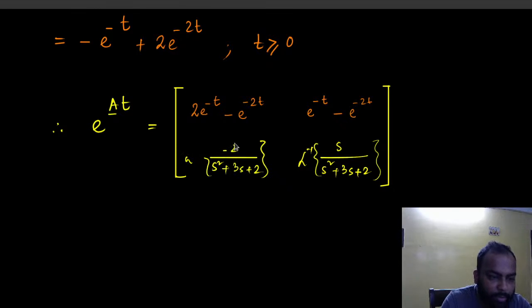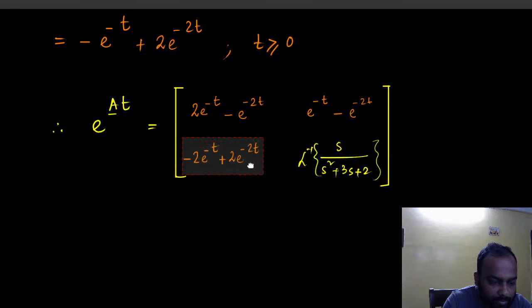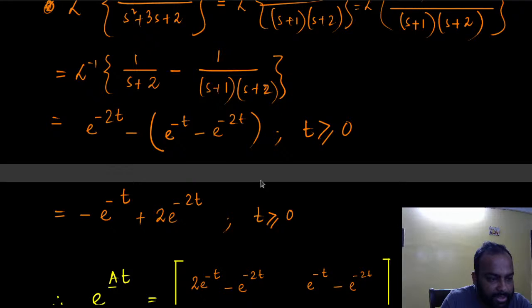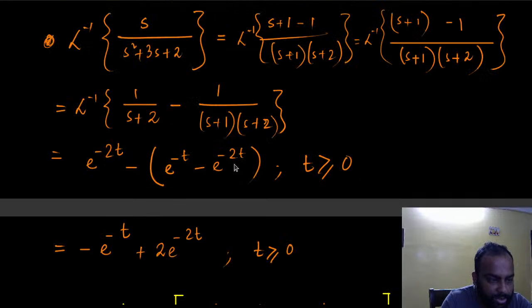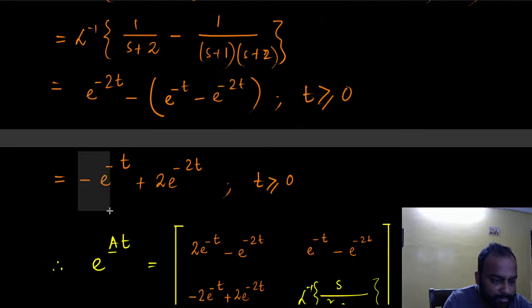Minus 2, right? This term technically just gets multiplied by minus 2, so this is going to be minus 2 e to the power minus t and plus 2 e to the power minus 2t. And here for the last one, the answer is this, right?